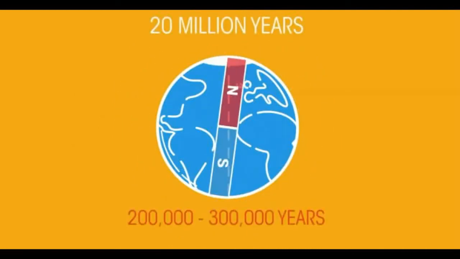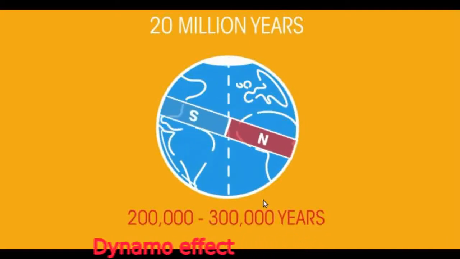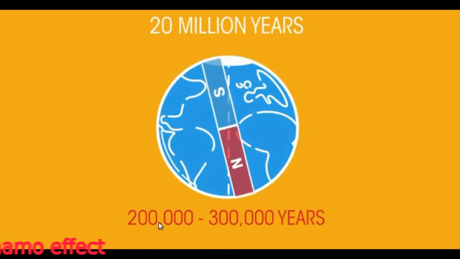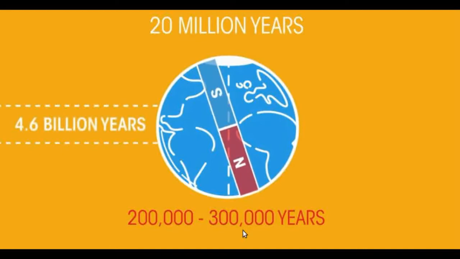From experimental observations, it has been deduced that Earth's magnetic poles have reversed regularly over geologic history, and this reversal occurs about every 200,000 to 300,000 years.